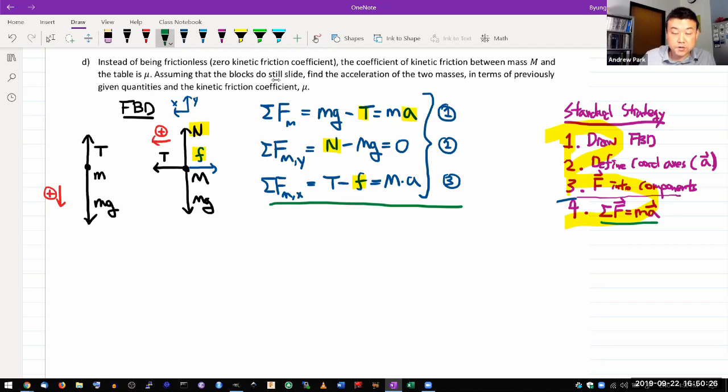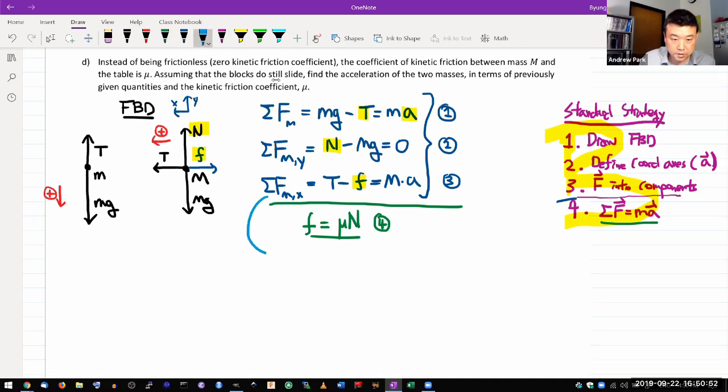Here, the information that you would have eventually figured out is that the friction force is related to normal force through this relationship. Friction force is coefficient times the normal force. So this is my equation 4. And this allows me to get rid of one of the unknowns here. In fact, let me do that now.